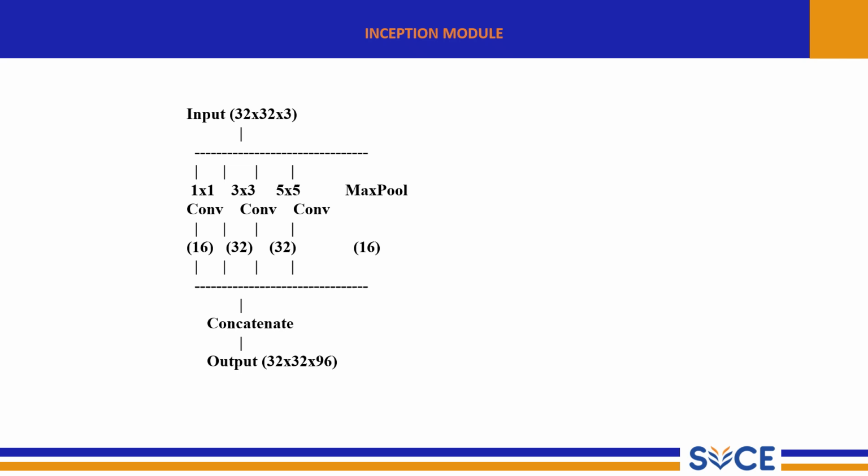So let's talk through the Inception network example. We start with an input of size 32 by 32 with 3 channels. The input is processed through 4 parallel branches. The first branch applies a 1 by 1 convolution producing 16 feature maps. The second branch uses a 3 by 3 convolution producing 32 feature maps, and the third branch uses a 5 by 5 convolution also producing 32 feature maps.